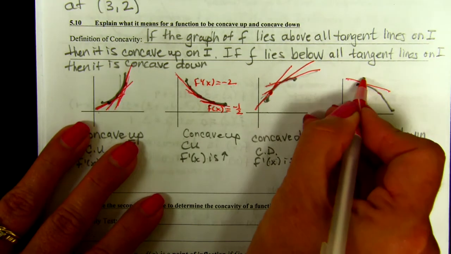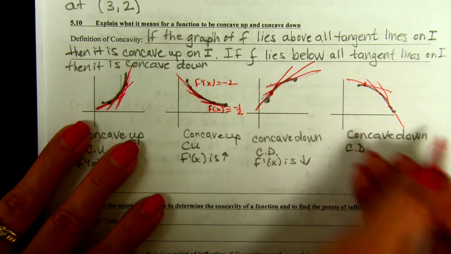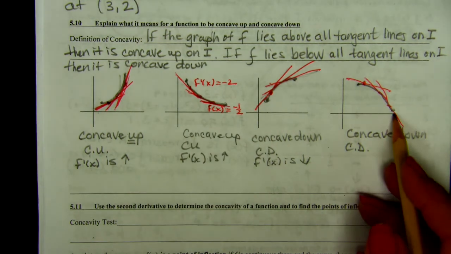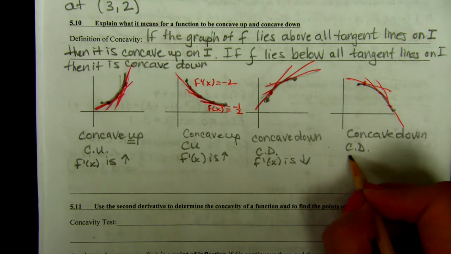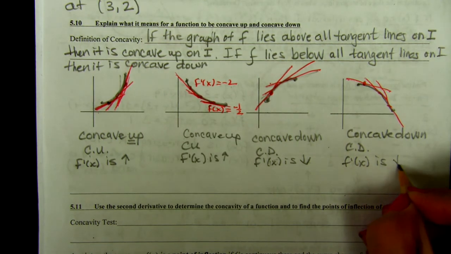Here's a tangent line. And here's a tangent line. Okay, and all of those tangent lines lie above the curve, so the curve is below it, therefore it is concave down. And again, the derivative is decreasing.